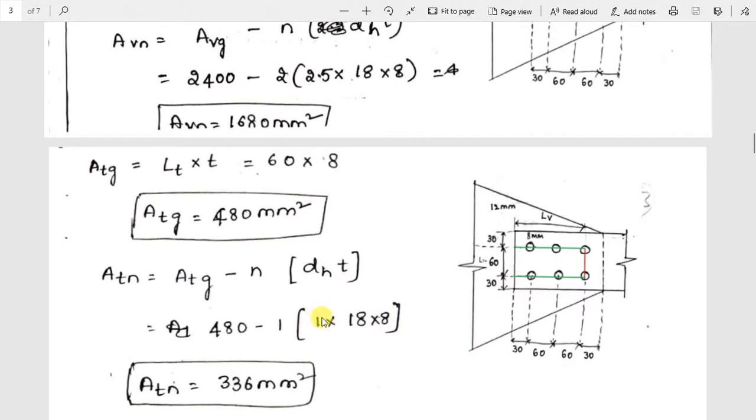This is the number of bolt holes participating along this tension line. Half of this bolt and half of this bolt will totally make it 1. So remember, this stands for the number of bolt holes participating in a tension line. So Atn will be 336 mm square.